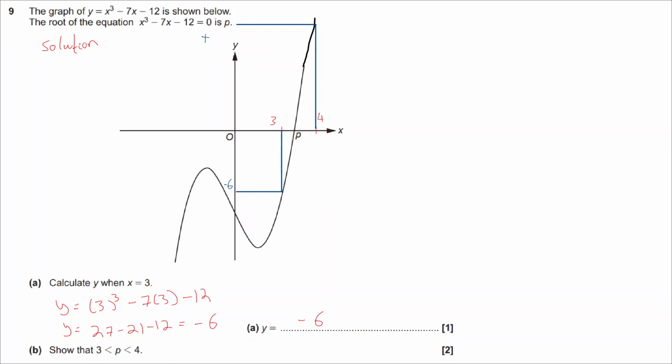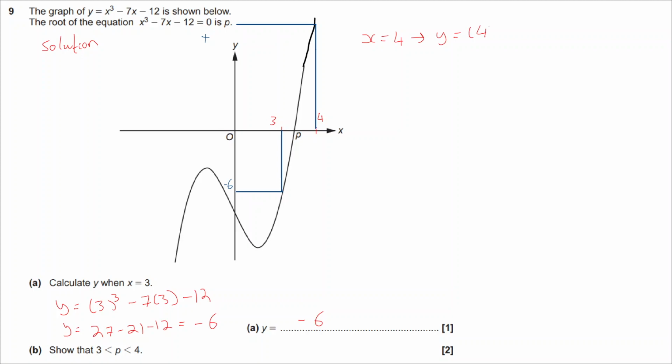So I've got to go and put in now x equals 4 into the equation, and I'm going to be getting out a positive value, hopefully. I'm going to be getting y is equal to x cubed.